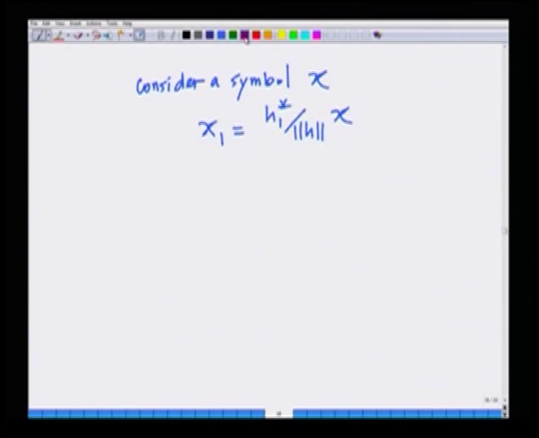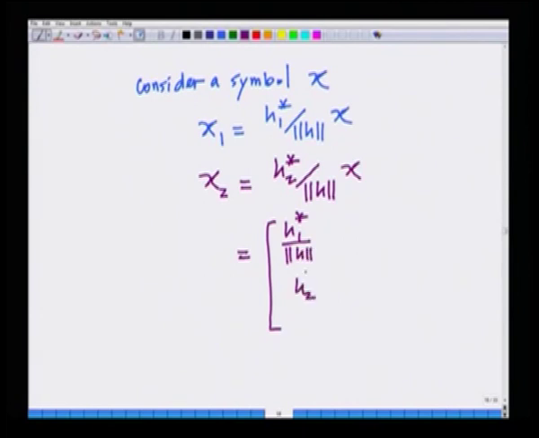When I have x, from transmit antenna 1 I am transmitting h1 conjugate divided by norm h times x. From transmit antenna 2 I am going to transmit h2 conjugate divided by norm h times x. Hence, this can be represented as a vector h1 conjugate divided by norm h, h2 conjugate divided by norm h, times x.